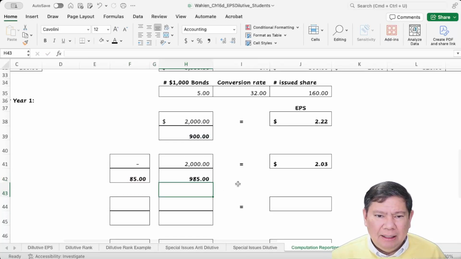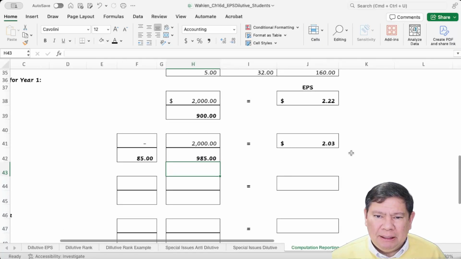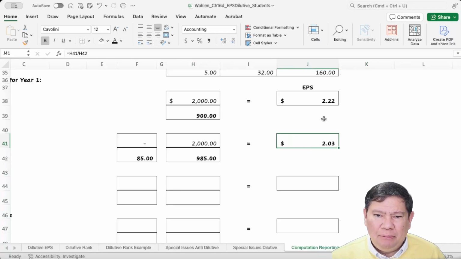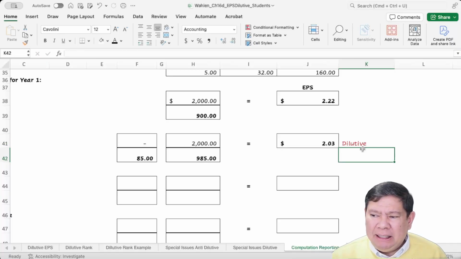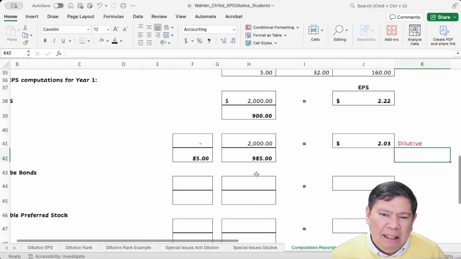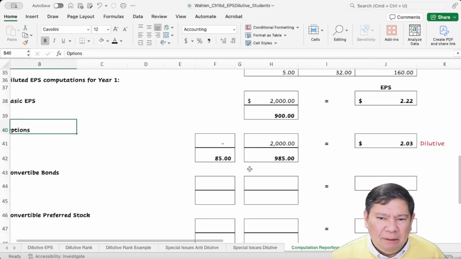So the new earnings per share is 2.03, which is dilutive because it's less than the basic earnings per share. So options will always have a dilutive impact, and we should go for options first.